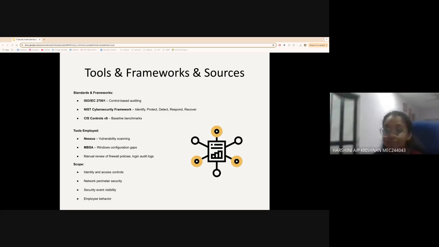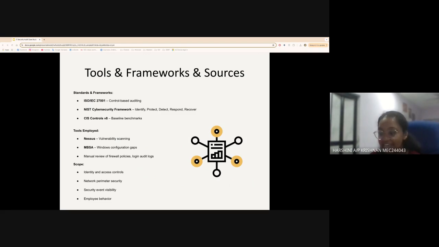Next, I will discuss the tools and our audit scope. I'm Harshini, and the tool that we used is MECR, sorry if I'm pronouncing it wrongly. It is a network-wide vulnerability scanner, used to uncover several unpatched systems. MBSA helped us audit misconfigurations on Windows hosts.